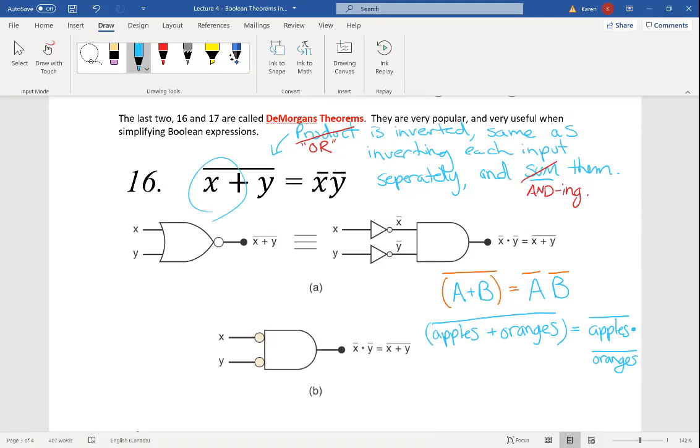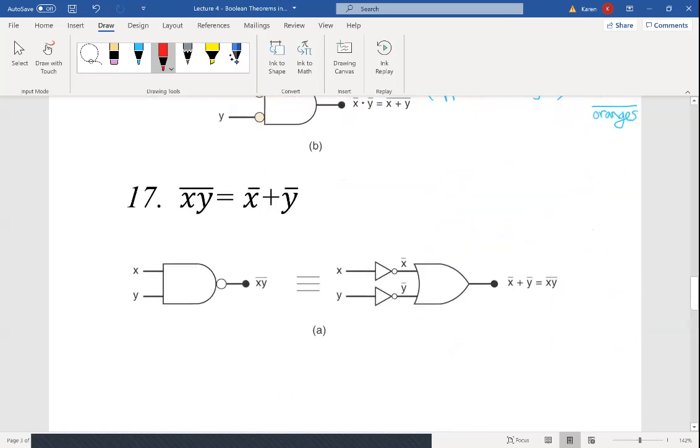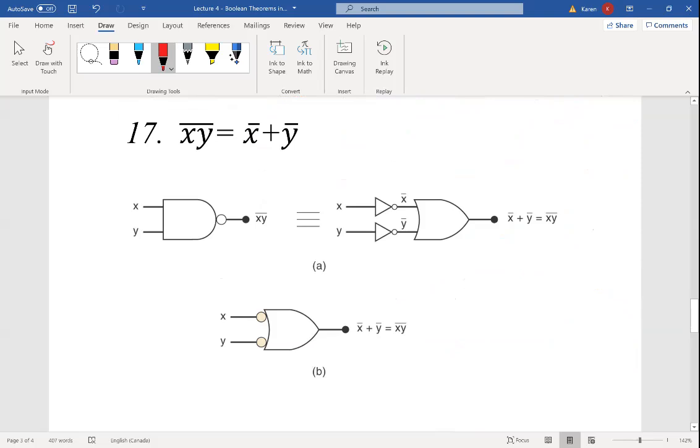Here it was X's and Y's, here it was A's and B's, and here it's apples and oranges. It's a pattern that you're looking for. And you wonder, is that really true? You can do a truth table for this side, and do a truth table for this side. You tell me if that is true. Should be true.